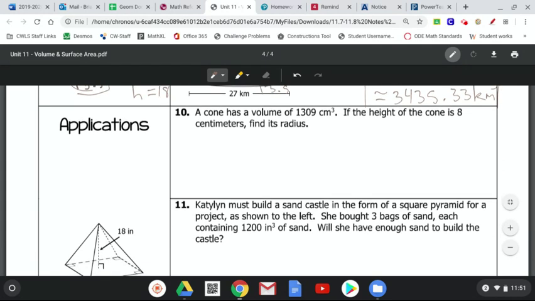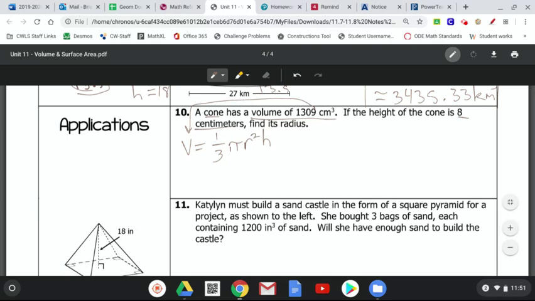But for number 10, it tells you a cone has a volume of that. We know the volume for a cone is 1/3 pi r squared times height. It tells you the volume is 1,309, so that goes right in here for V. The height of the cone is 8 centimeters.